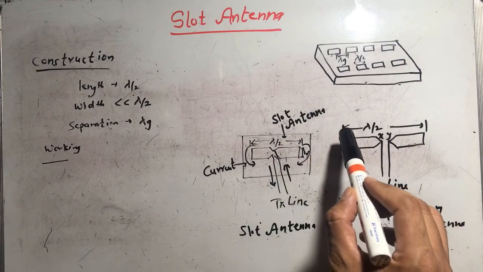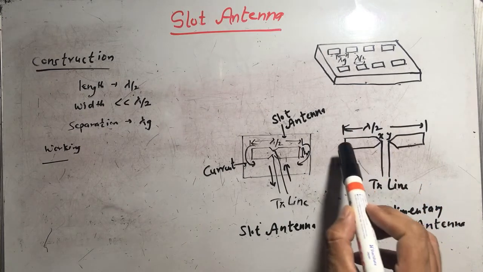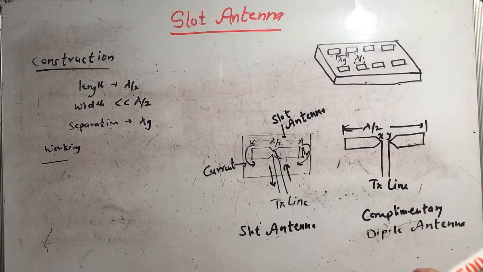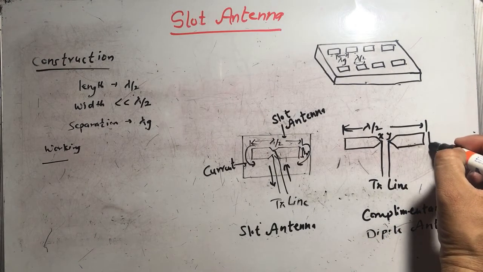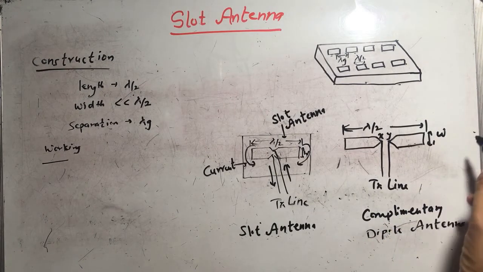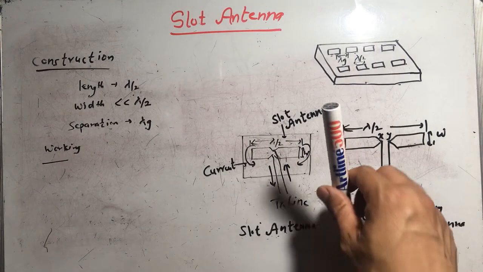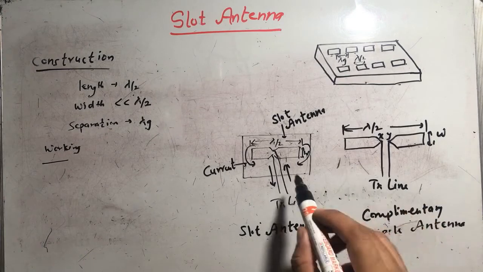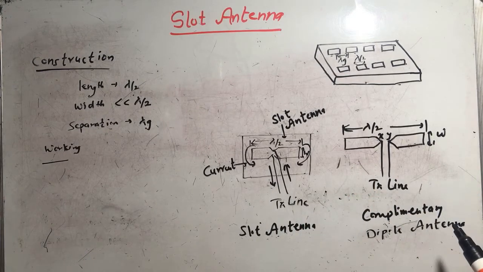Here also the length of the complementary dipole antenna is lambda by 2 and its width is w. So this is the slot antenna and this is its complementary dipole antenna, which we have taken just for the analysis.